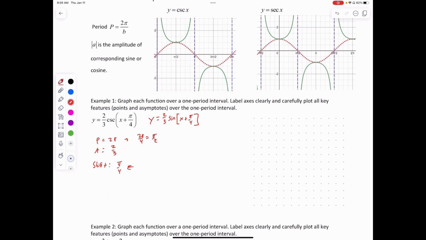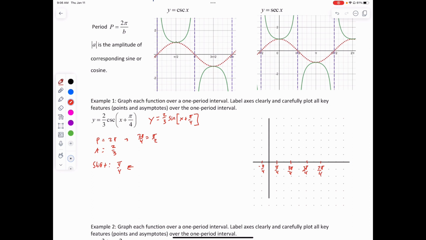So when I sketch this picture, what do I have? I've got a negative pi over 4, and then I have to add pi over 2. So that's going to be positive pi over 4, 3 pi over 4, 5 pi over 4, and 7 pi over 4.